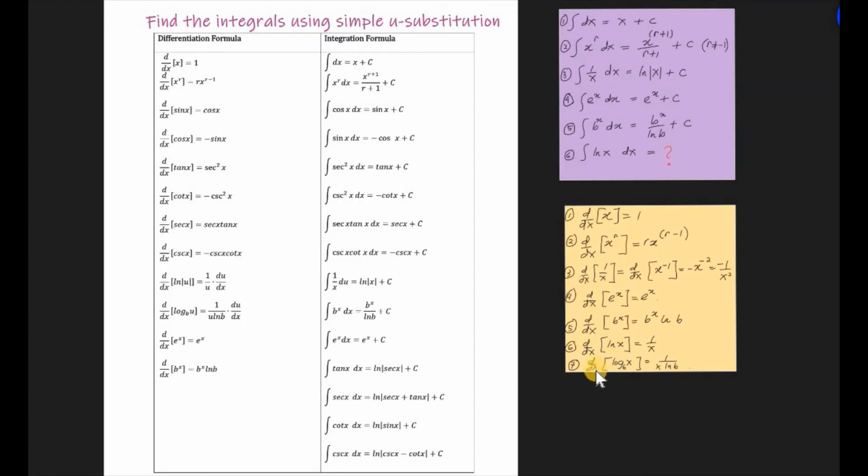And number 7 under the derivative is log x base b, which is 1 over x ln b. If you are playing with a composite function, you need to multiply by the chain rule, differentiating further the u. So there I'm collecting the important formulas, besides the formulas of trigonometry.